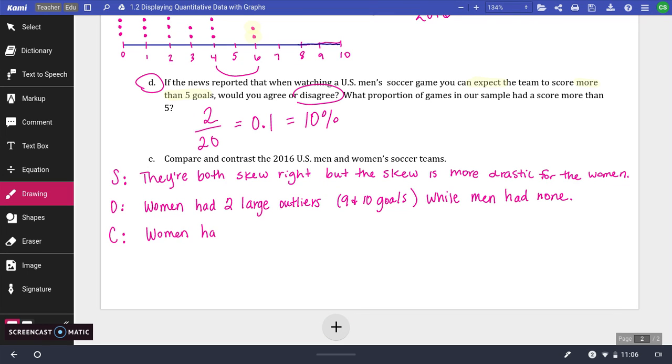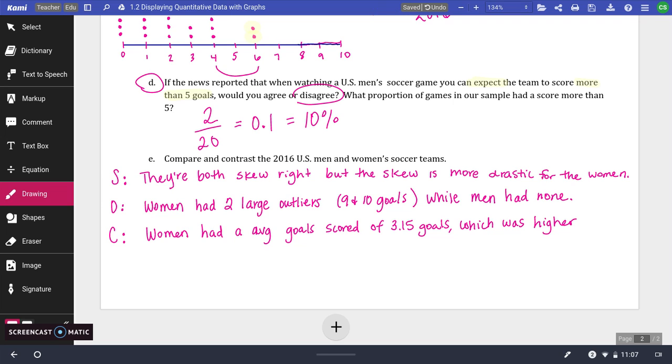So women had an average goals scored, and that was 3.15, I believe. And I'm going to say that was higher. So again, we're looking for that comparative. Don't just state, oh, the mean of this was that and the mean of that was that.